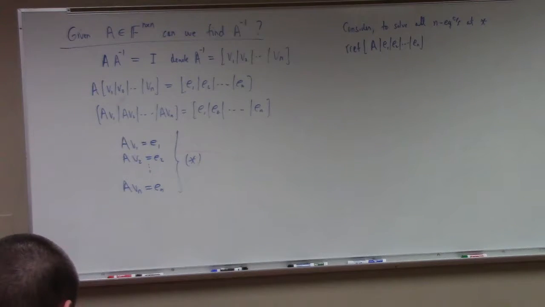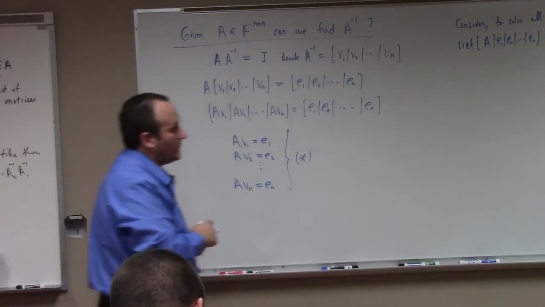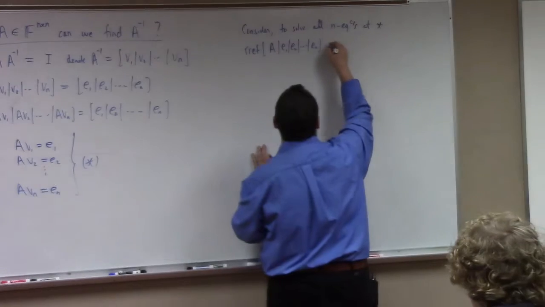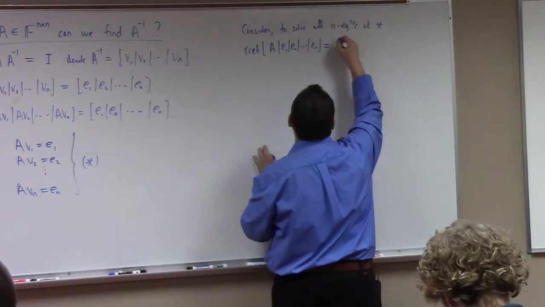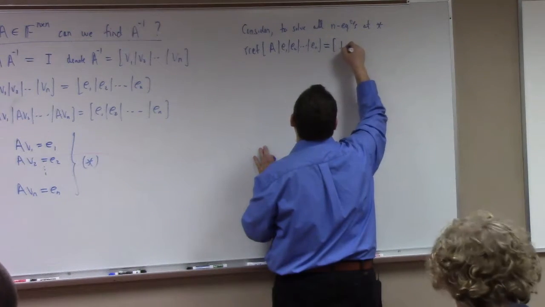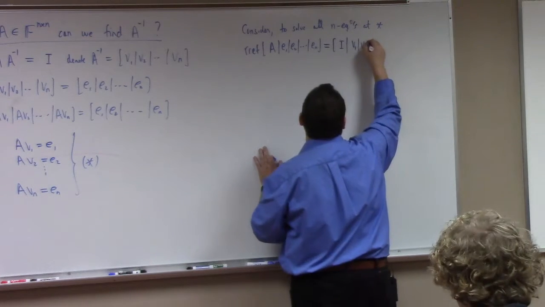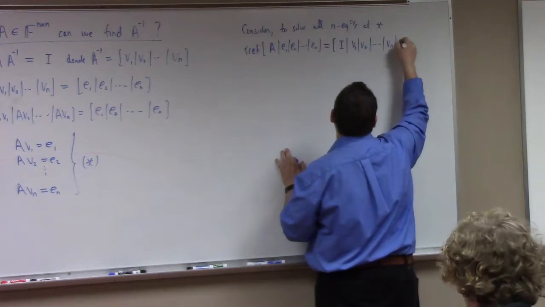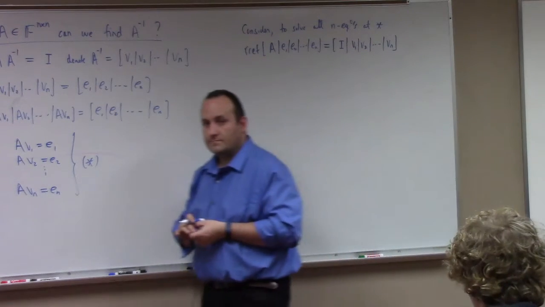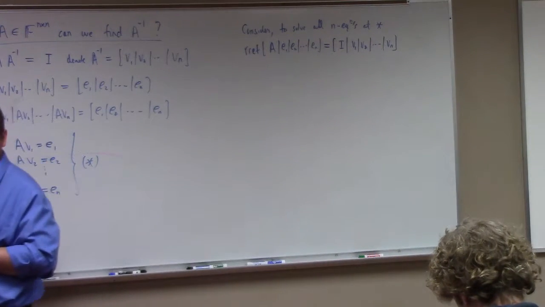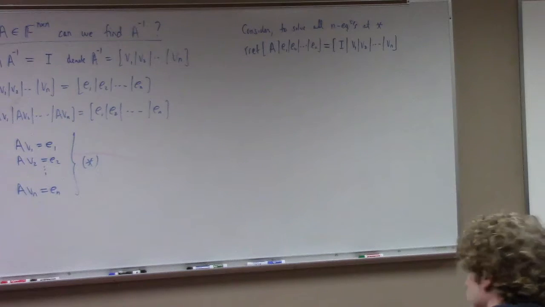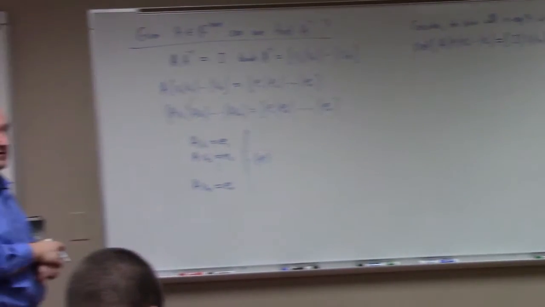This is that special case. Each one of these is n equations and n unknowns. So if it's consistent, the first n columns of this row reduction must be the identity matrix. So if in fact A inverse exists, this will work out to the identity matrix and then V1, V2, Vn, by the theorem that I just stated.